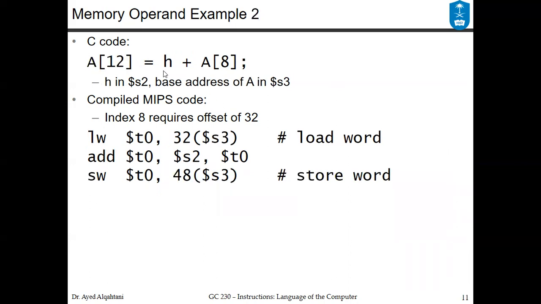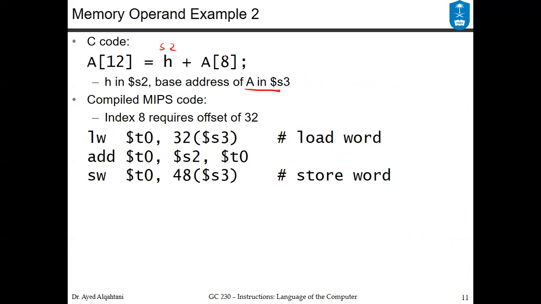Now we have the same thing on the right-hand side. And now we are saving the result inside the memory location of the array member indexed by 12. So now we have S2 here in H, and we know that the base register of A is S3.